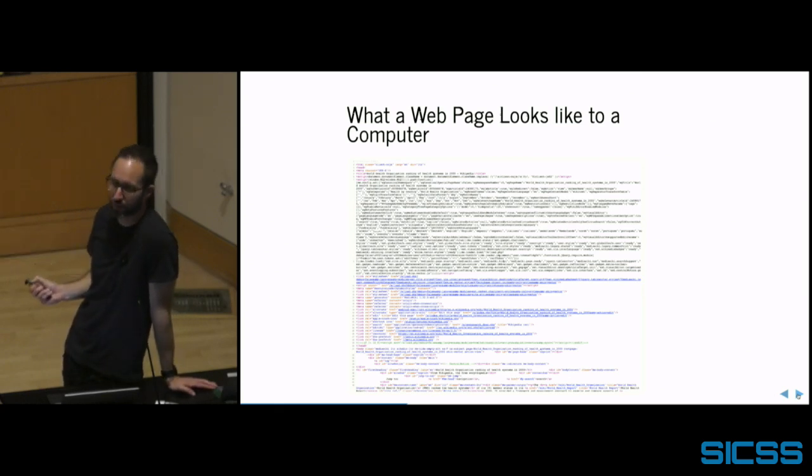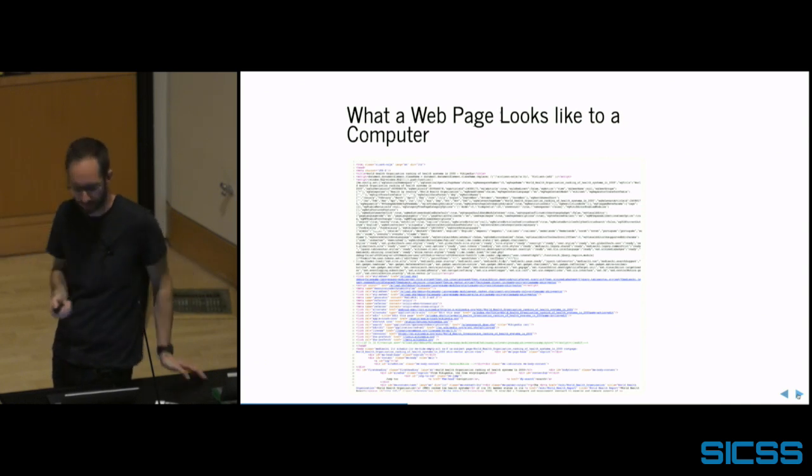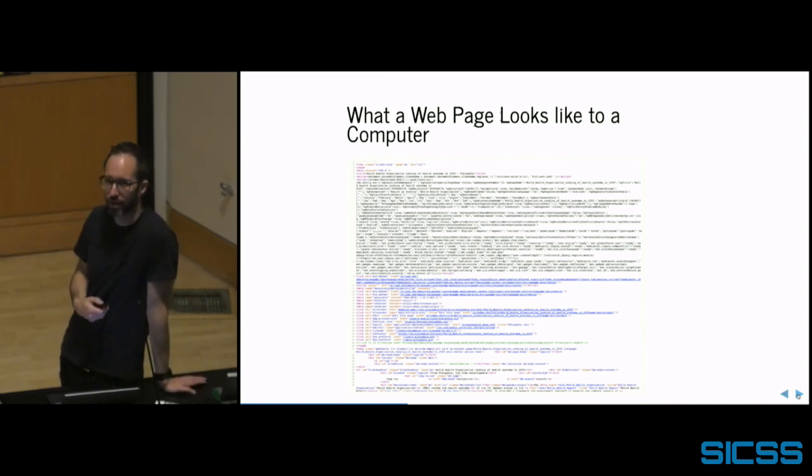Some of this is defining the aesthetics of the web page. How big should the font be? What color should the font be? What font format should the page use? How should it be laid out? Meaning, where should different parts of the web page be rendered in a browser or perhaps on a mobile browser? And so there's a long set of instructions that your browser is using to figure out how to visualize the page to you. And the content we want is probably hidden somewhere deep in the guts of the HTML file.